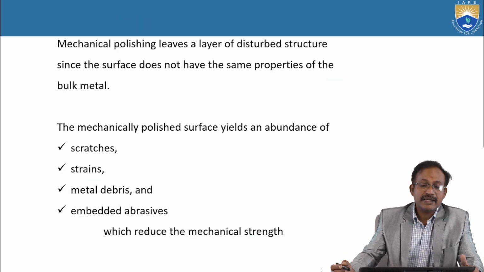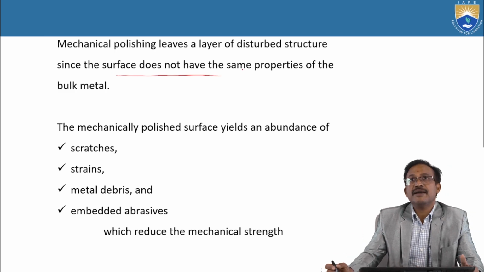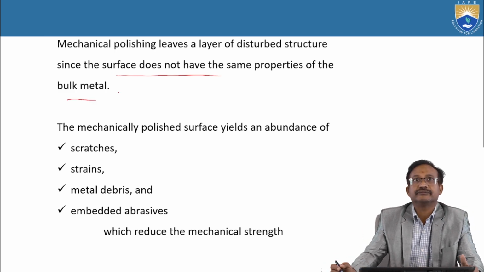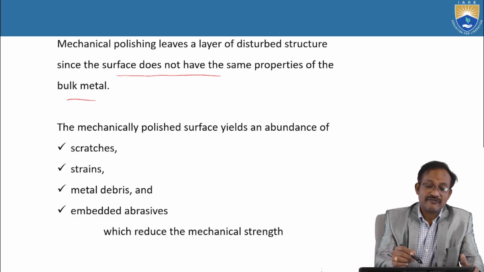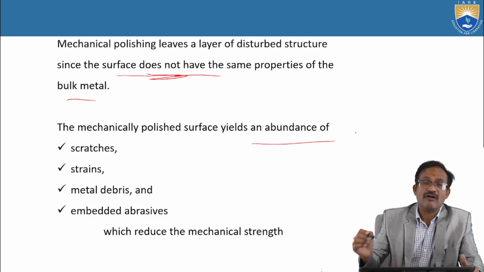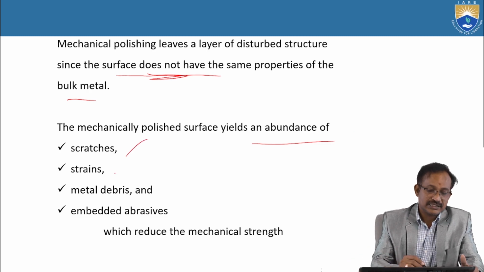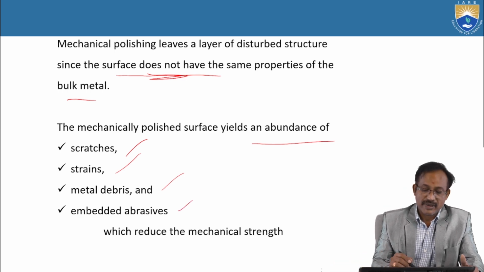Mechanical polishing leaves a layer of disturbed structure, since the surface does not have the same properties as the bulk metal. The mechanically polished surface yields an abundance of scratches, strains, metal debris and embedded abrasives, which reduce the mechanical strength.